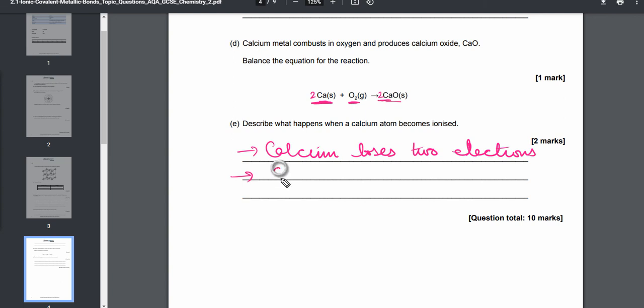So the calcium ion has a +2 charge due to the deficiency of 2 electrons.